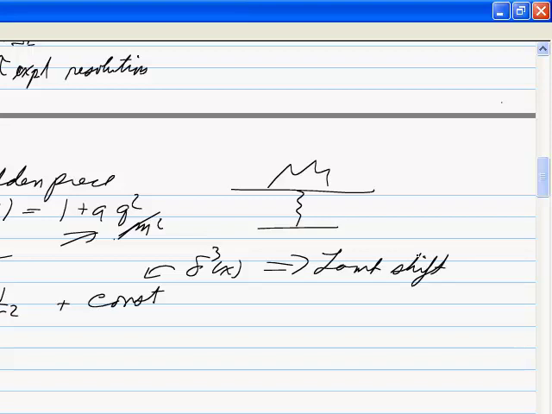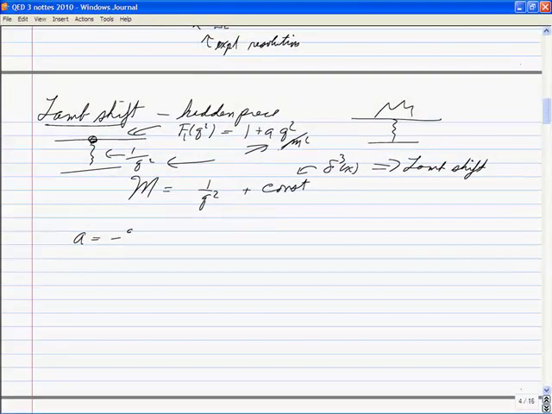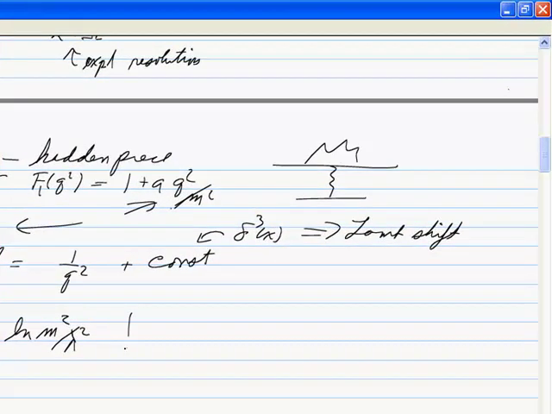Okay. Well, but now all of a sudden I've told you that A actually has an infrared divergence in it. So A, which I didn't show you before, is minus 2 alpha over pi, 2/3 alpha over pi, log m squared over lambda squared. Okay? So what's going on there?